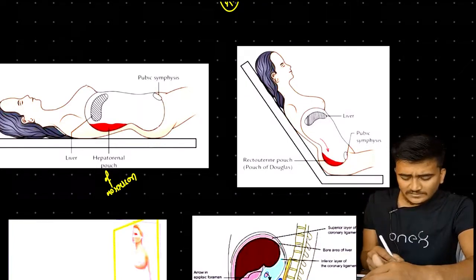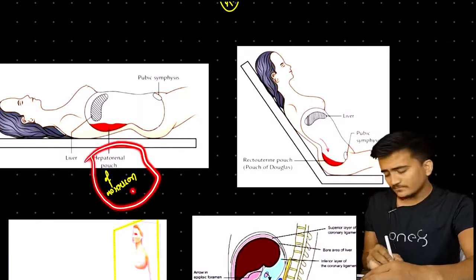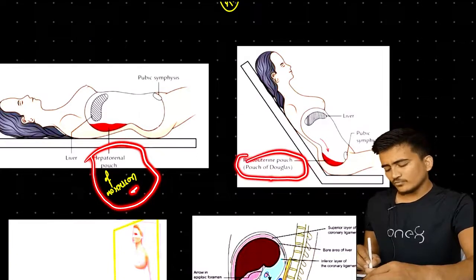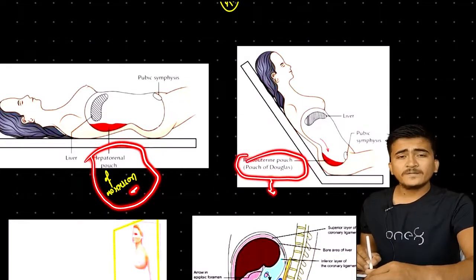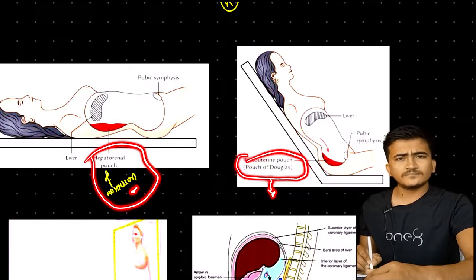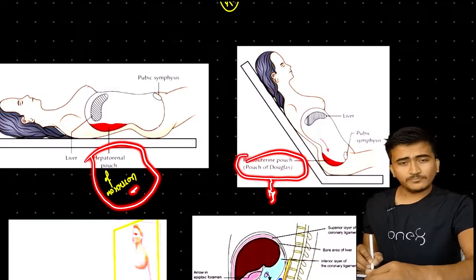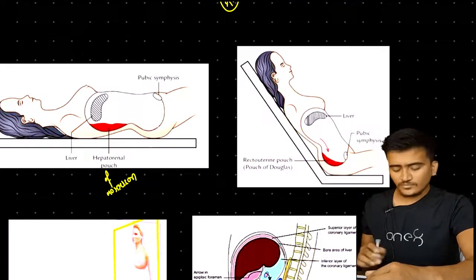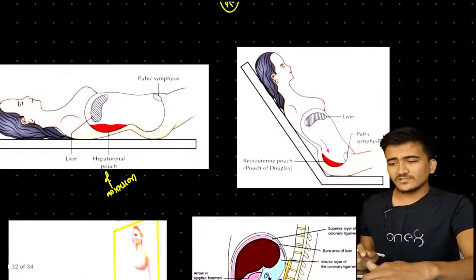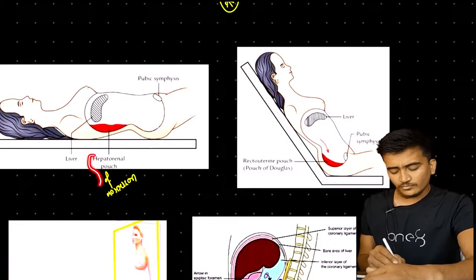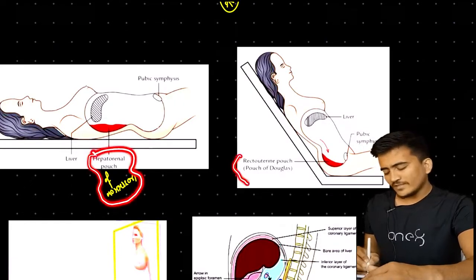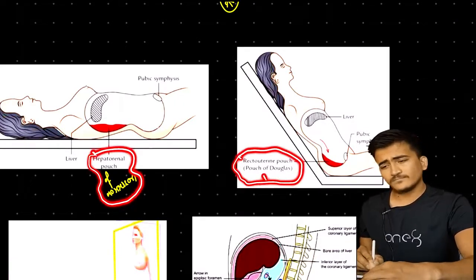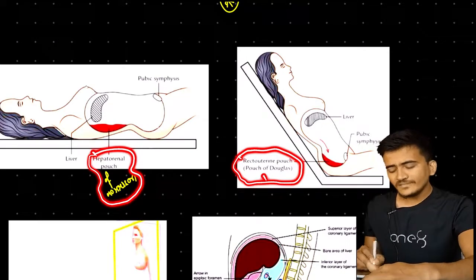Obviously, the hepatorenal pouch of Morrison and the rectouterine pouch or pouch of Douglas are structures of the greater sac. We brought our pus or gastric content from the lesser sac to the greater sac. That means the greater sac includes the hepatorenal pouch of Morrison and the rectouterine pouch or pouch of Douglas. That's all.